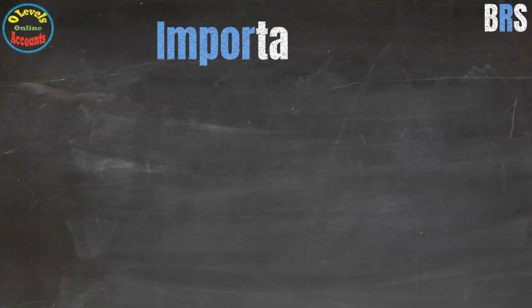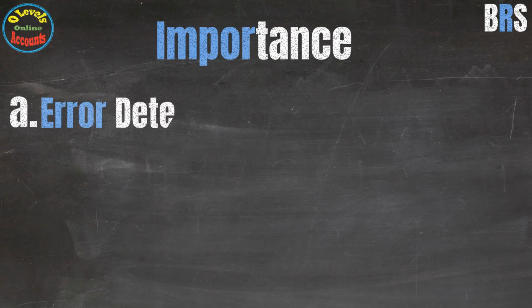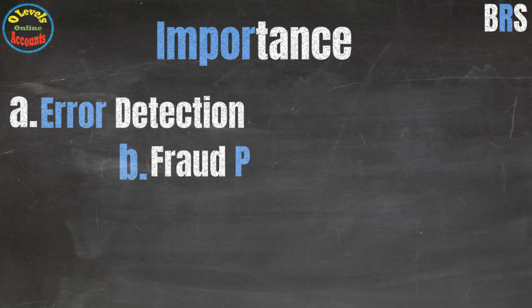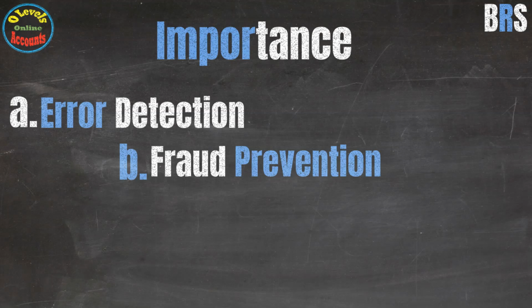In this slide, we will check the importance of the bank reconciliation statement. The first point is error detection. It helps in identifying errors made either by the bank or the business in recording transactions. Second point is fraud prevention. Regular reconciliation can help in detecting unauthorized or fraudulent transactions.